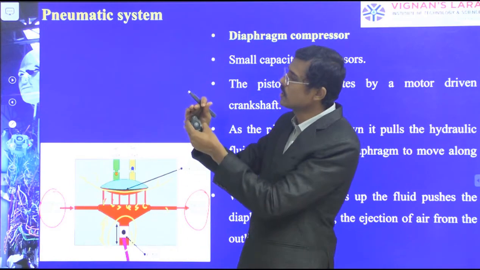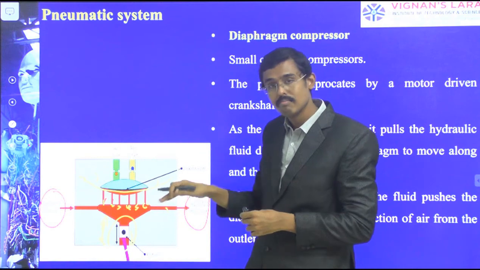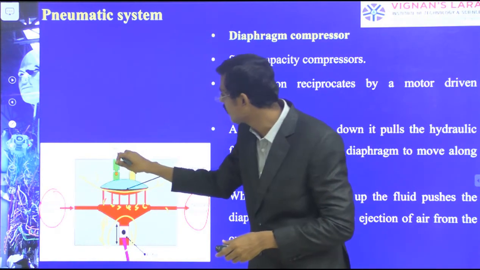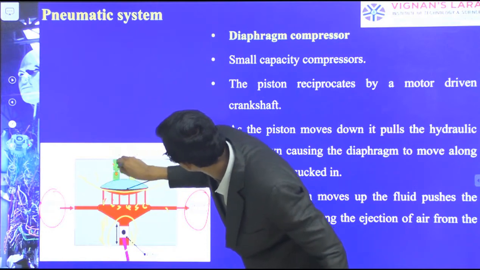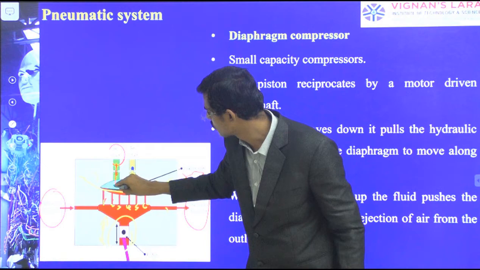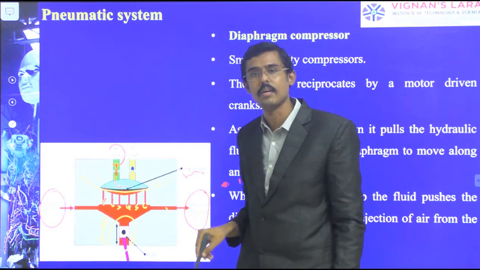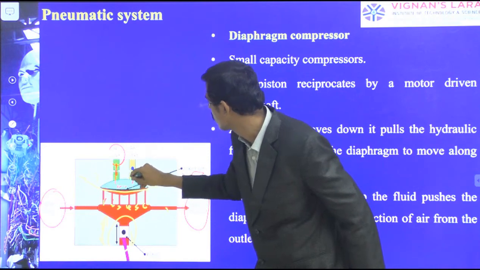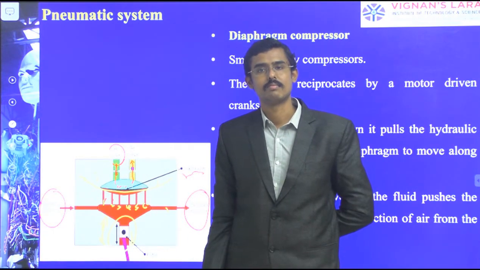There I am supplying the air inlet. It comes only in the downward direction, and when it is pressurized here, the diaphragm is pressurized and goes in the upward direction.